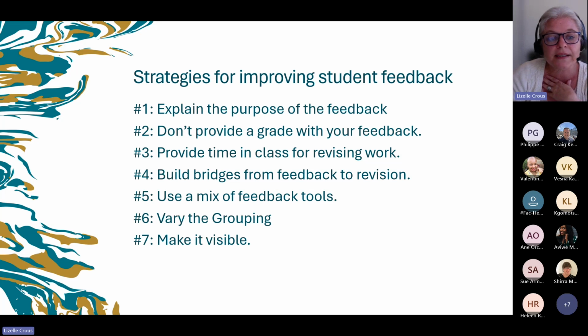The sixth strategy is varying the grouping. Now, we all know that feedback is happening everywhere. It can be silent feedback, just by looking at people's responses or their behaviors. It can be written feedback, formal or informal.